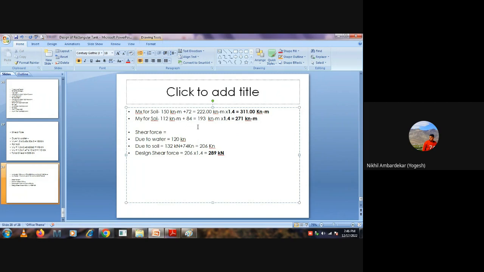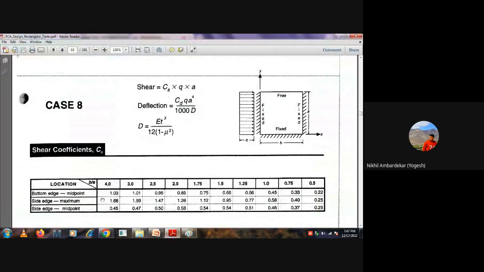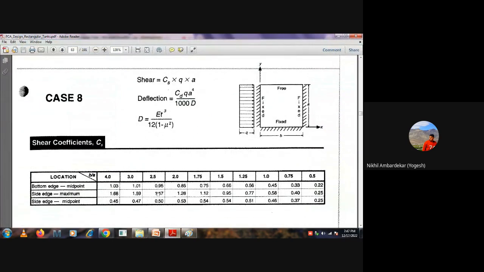Till now, all good? Sir, we calculated the shear force due to soil. In that, 132 we got at the bottom edge, right? And 74 we got at the side edge. So we always need to consider the maximum of the values, regardless of where the edge is. Yes, like if I go back to this, side maximum. Regardless, I recommend it, because you will never know.